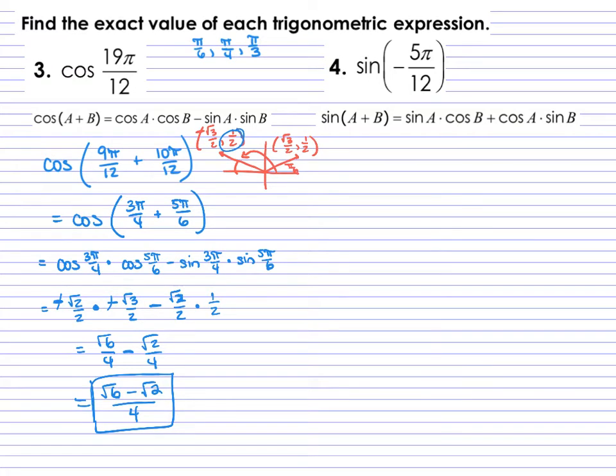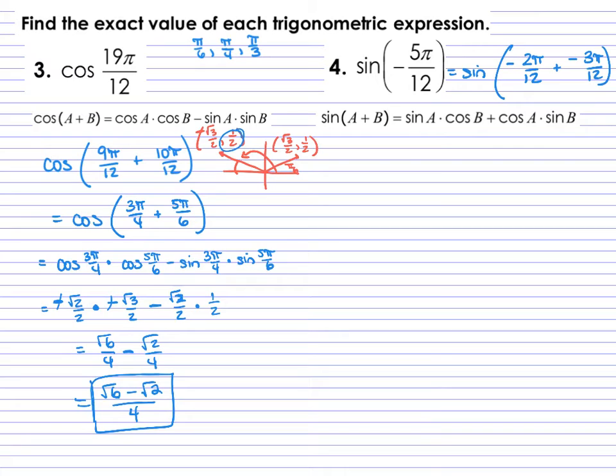On to number 4, we're looking again for two angles that are going to add up to negative 5 pi over 12. If I know that I'm adding and not subtracting, I right away know that I'm going to have two negative angles. So let's try negative 2 pi over 12 plus negative 3 pi over 12.